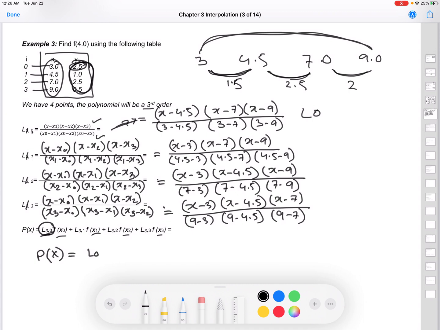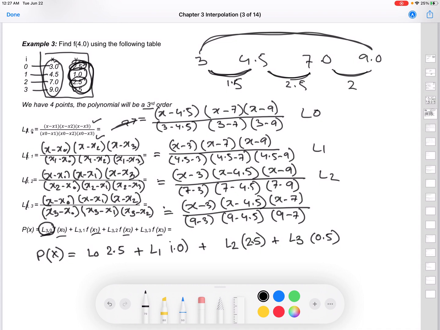That's given. f of x0 is 2.5 plus L1 times f of x1. Your f of x1 is 1.0. Plus L2, you will calculate L2 from this one, times 2.5, and then L3 times 0.5.